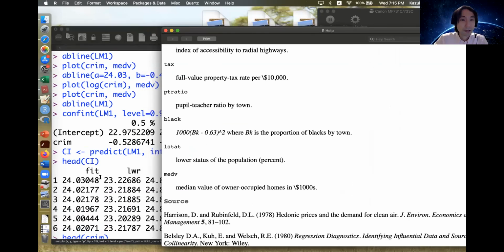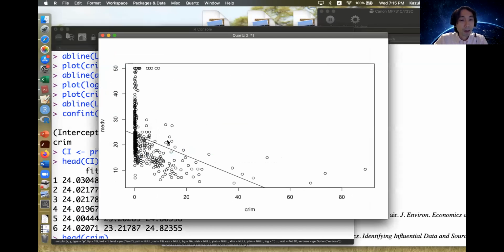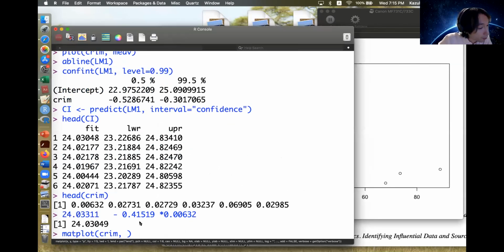For now we just ignore the scatter plot part and focus on this line. Of course, we can overlay everything. If we type CI, we have 3 lines, and this matplot function draws these 3 lines.